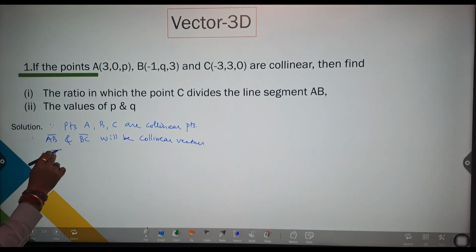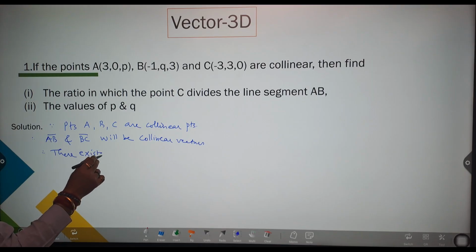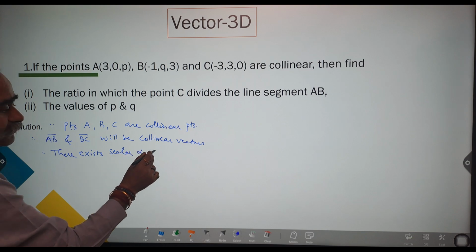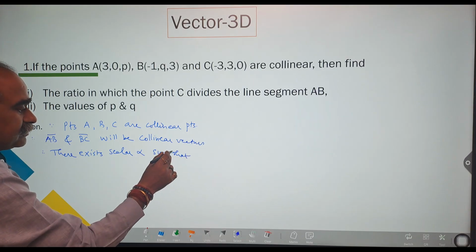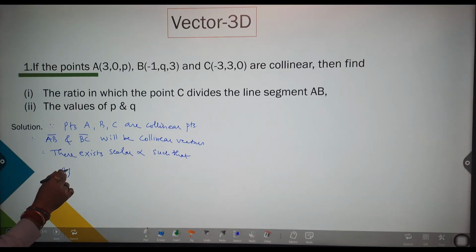Therefore, there exists a scalar alpha such that AB bar is what?